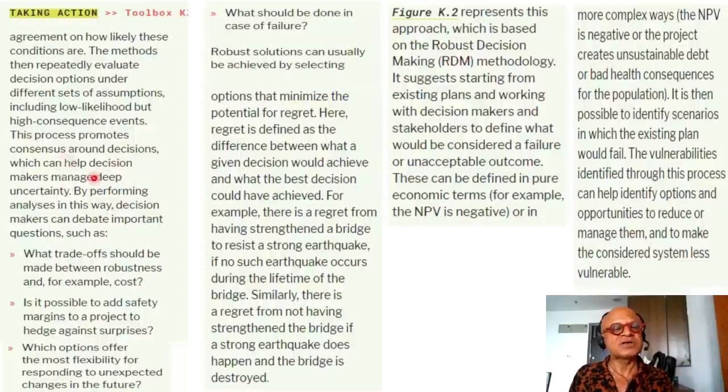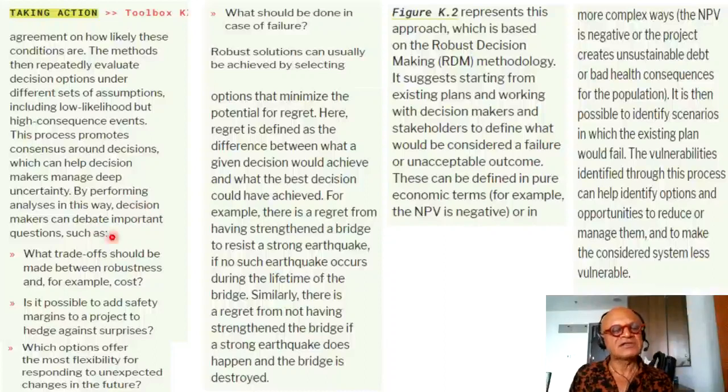This process promotes consensus around decisions, which can help decision makers manage deep uncertainty. Decisions have to be made. There is always uncertainty, and people, especially farmers, do make decisions season by season based on complete uncertainties and their own risk perception based on past experiences and their drive to take risks and so on and so forth.